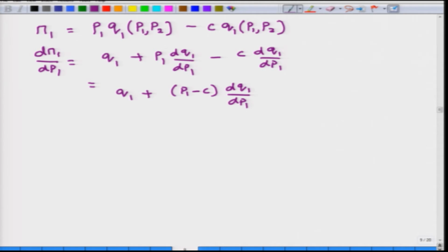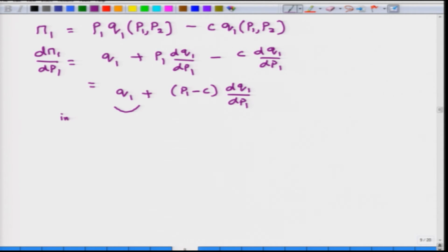What this essentially means is, there are these two terms. The first term is capturing the increase in profit due to an increase in price, which is coming from the inframarginal units, right, and there are Q1 of those in total.